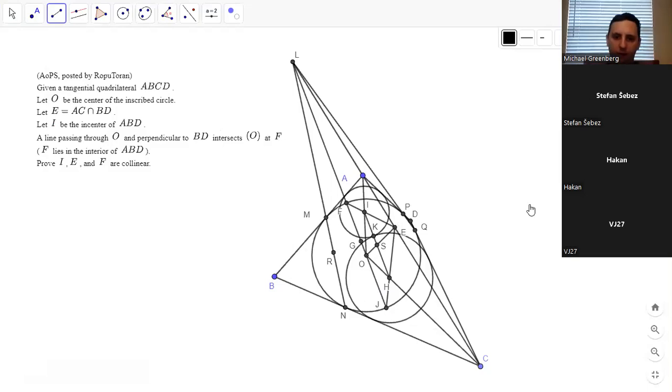That could be another way to do it. So if we can show E, K, and G are collinear, that would solve it. But how would you define G and K? That's the thing.